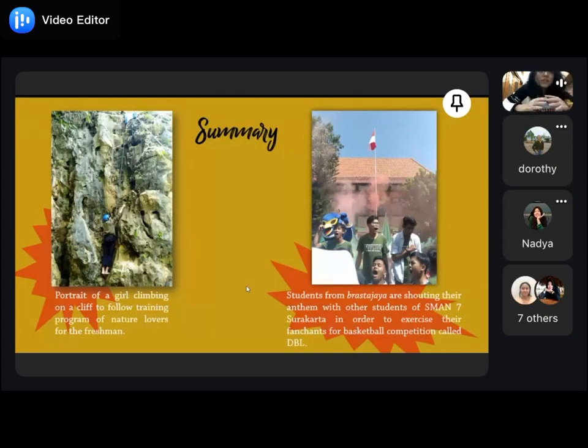For the second one, students from Prasajaya are shouting their anthems with other students of SMA Negeri 7 Surakarta in order to exercise their fan chants for the basketball competition called CBL. Next one, please.